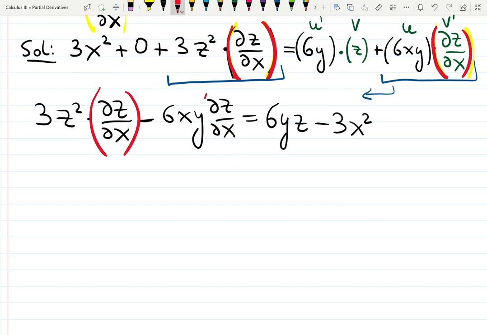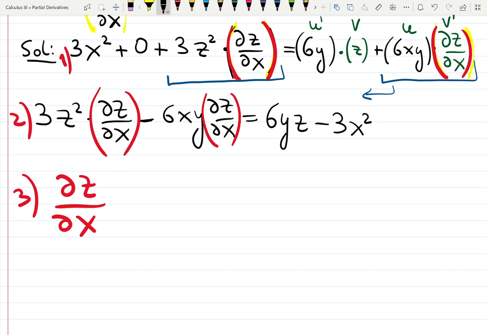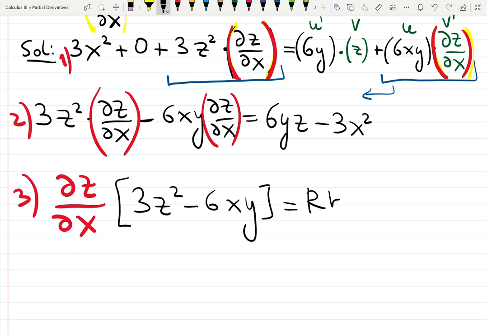Step 1, differentiate. Step 2, move important things to the left, not important things to the right. Step 3, factor out dz over dx, open the brackets, 3z squared minus 6xy, close the brackets, and you have the right-hand side on the right-hand side.